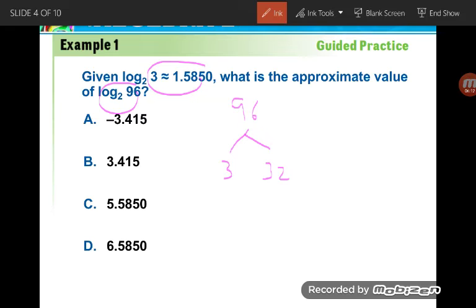And like we explained before, 32 can be written as 2 times 2 times 2 times 2 times 2, five times, so it will be 2 to the power of 5. So log 96 for base 2 is equal to log of 3 times 2 to the power of 5 for base 2.